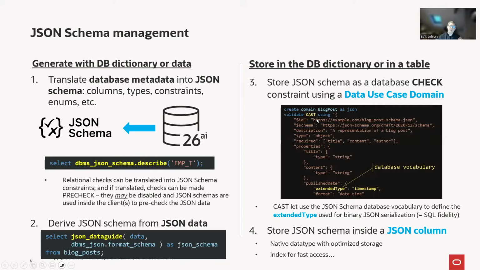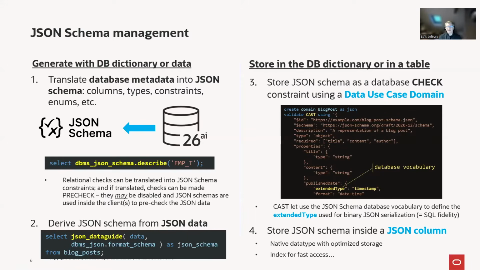I'm providing an example where we introduce a cast keyword, where you can control, using what we provide as a database vocabulary, some kind of extension to the JSON schema standard, keywords to control the binary encoding, the binary serialization of your document, so that you can specify, for example, for a timestamp, the real SQL timestamp data type, not just a string.